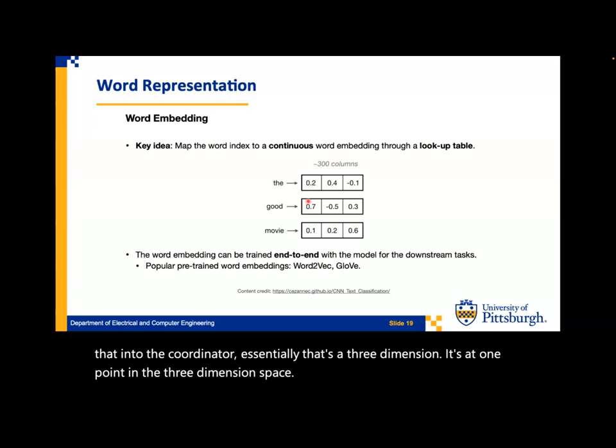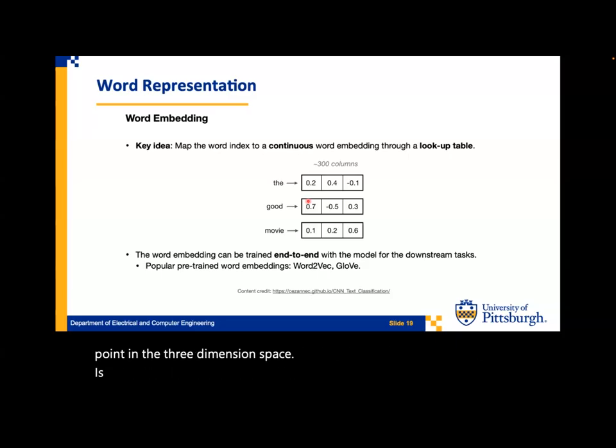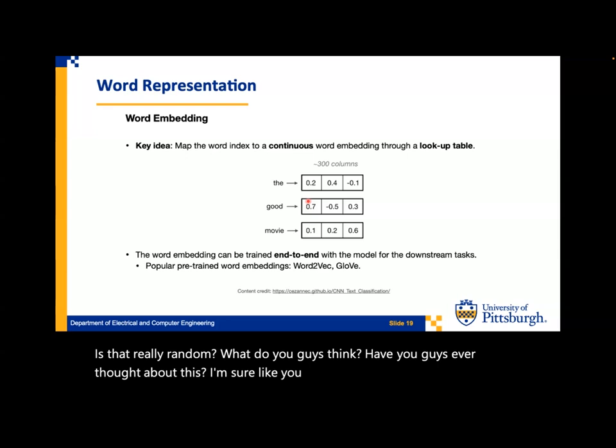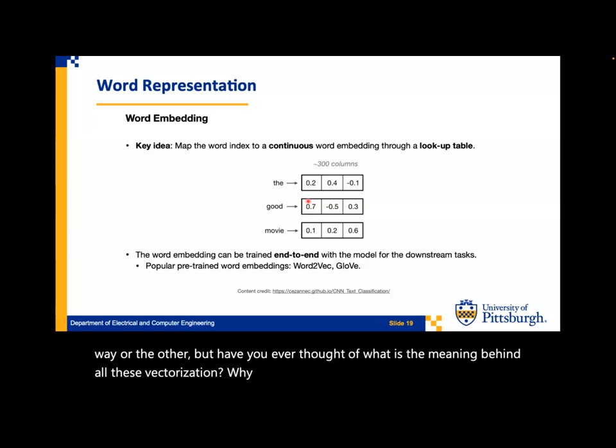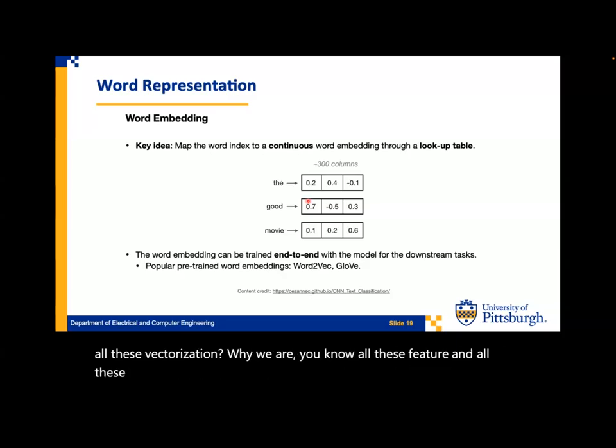But is that really random? I'm sure you have been using these models one way or the other, but have you ever thought about the meaning behind all this vectorization? Why do we turn all these tokens into embeddings? Why is a vector a good way to represent a word?